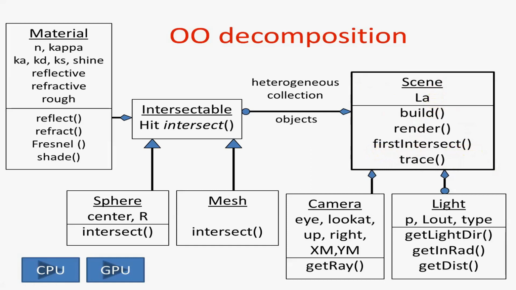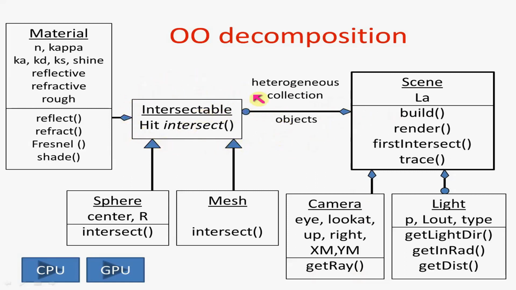The scene has embedded objects like the camera and light sources. The camera serves the rendering algorithm with its getRay function. The scene is also a collection of intersectable objects. Intersectable is just an abstract class, so this is a heterogeneous collection.